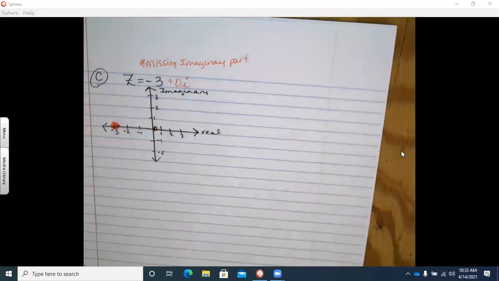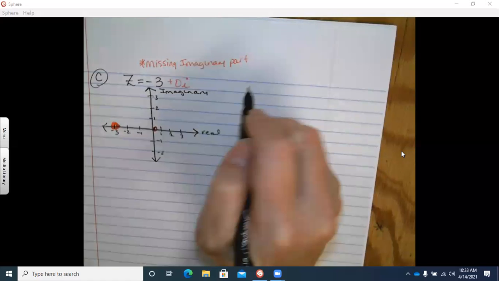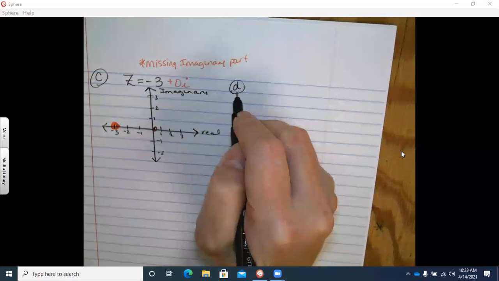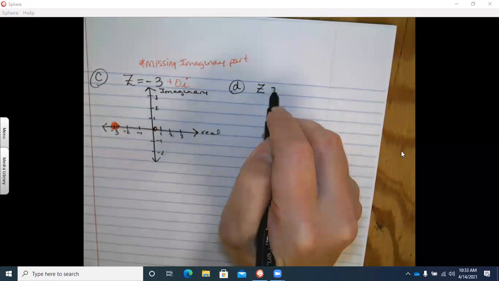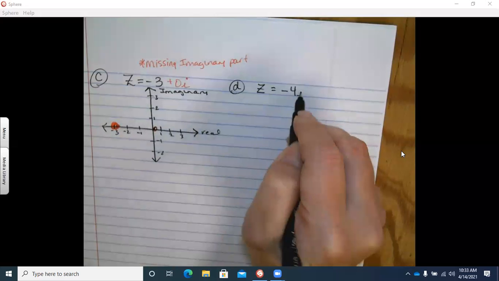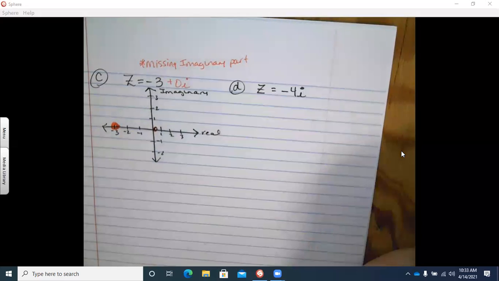Okay, so part D, we're going to graph z equals -4i. So you can either think about it as you're missing the real part, or the real part is what? 0.